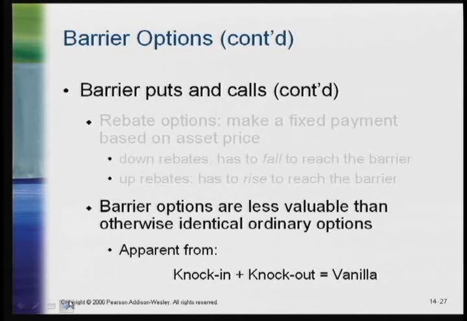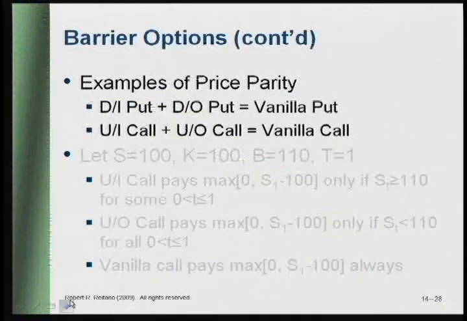Barrier options are less valuable than vanilla options. And the reason is that there's a type of parity equation: a knock-in plus a knockout is equal to a vanilla. So let's look at some examples. If I have a down and in put and I add that to a down and out put, I get a vanilla put.